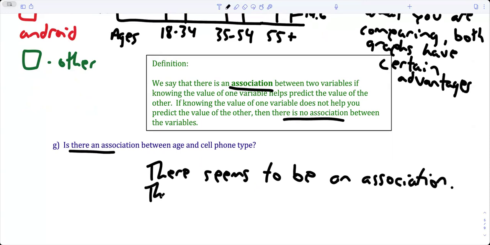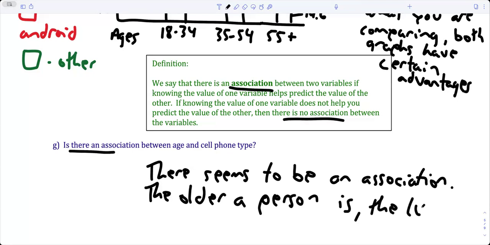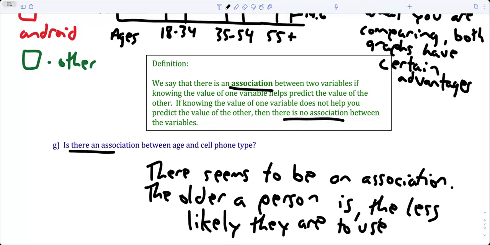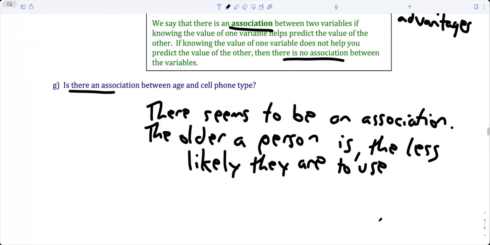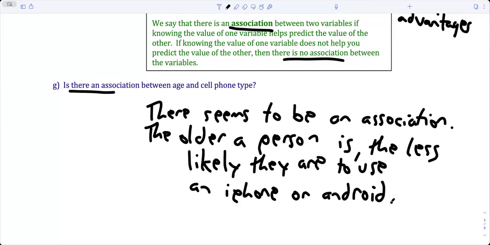The older a person is, the less likely they are to use an iPhone, or Android.